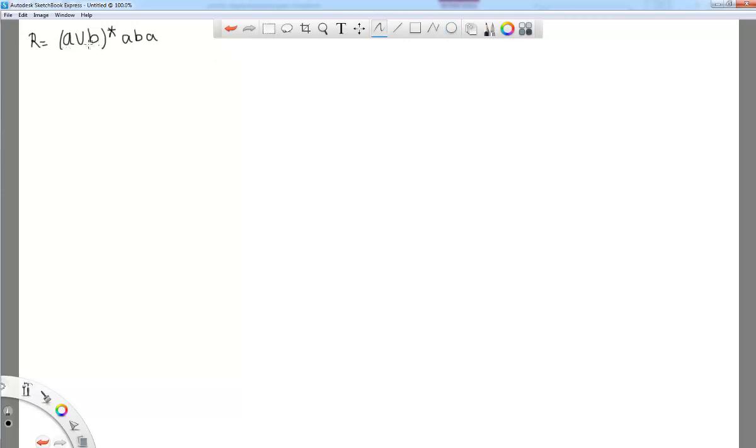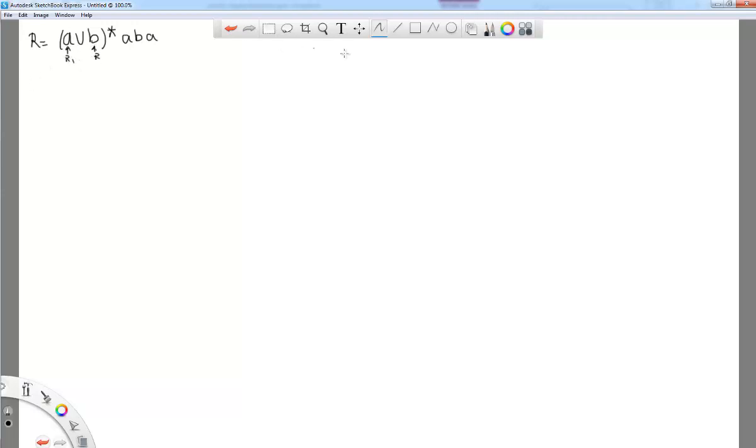The construction again would be fairly straightforward. We would look at each of these elements and build them, and then combine the expressions that we build with the union, concatenation, and effectively star operations. So we start with, let's call this R sub 1 and R sub 2.